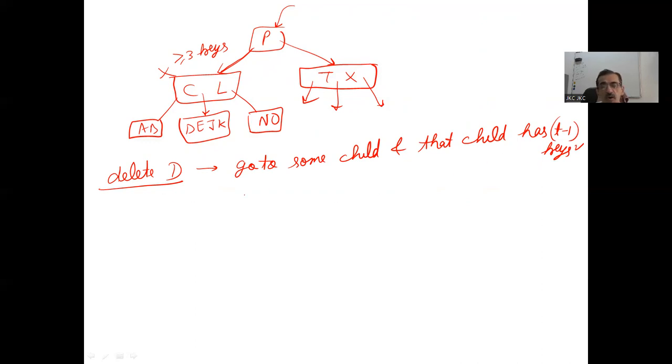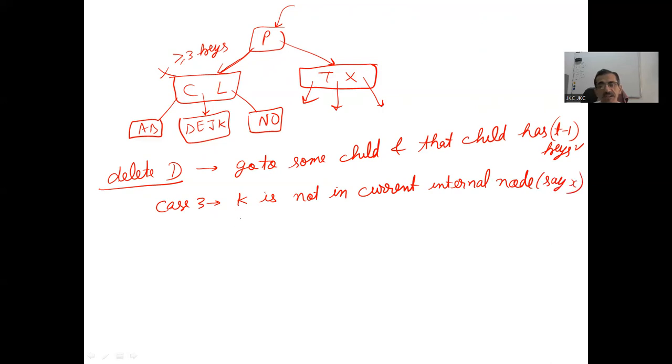This case I call case 3. Case 3 means K to be deleted is not in the current internal node. Let's say that node is named X. Obviously it means go towards some child.